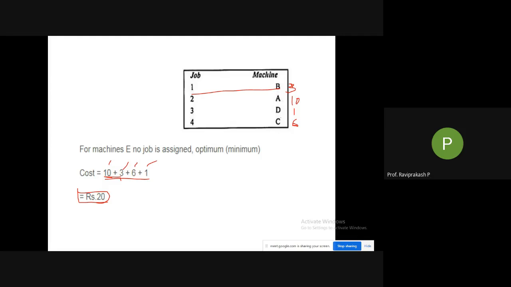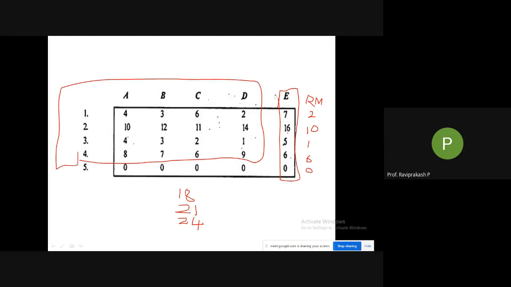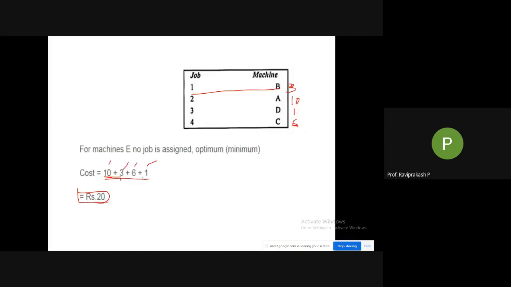A, B, C, and D take the 4 jobs, so the E machine will be idle. We are not using it, because the values could be higher than the values you have got here.